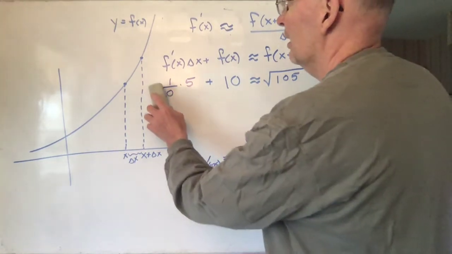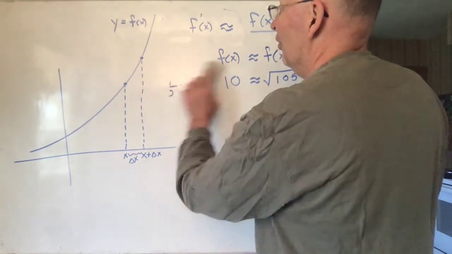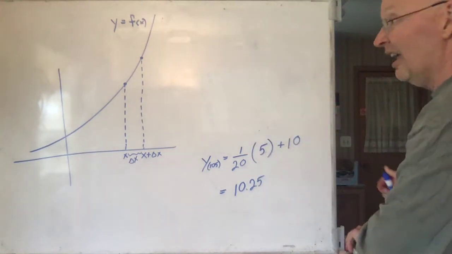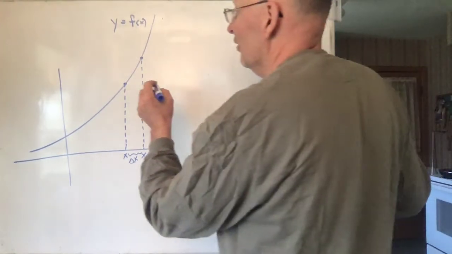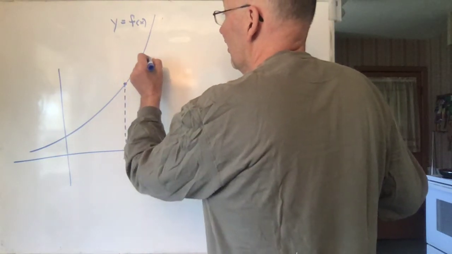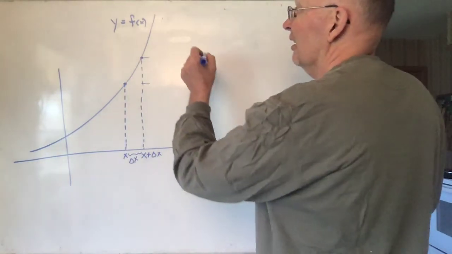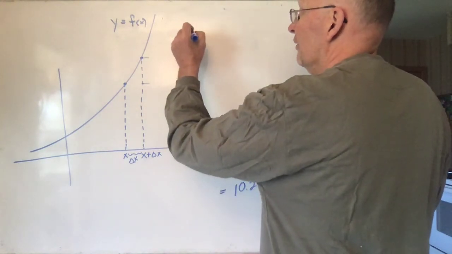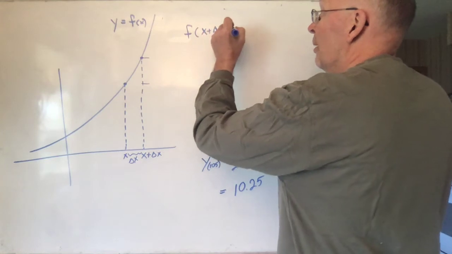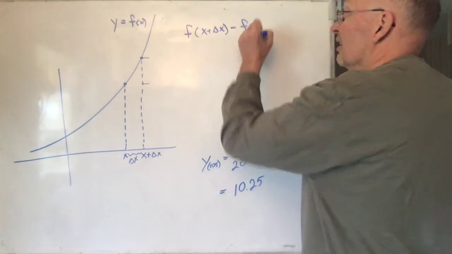So let me get rid of this. And so what we see here, using this picture, is that this difference right there is f of x plus delta x minus f of x.